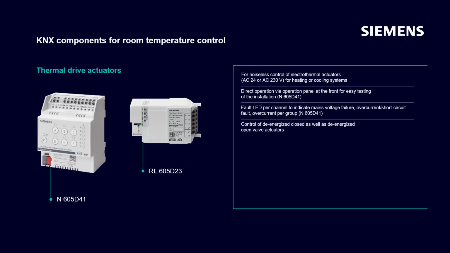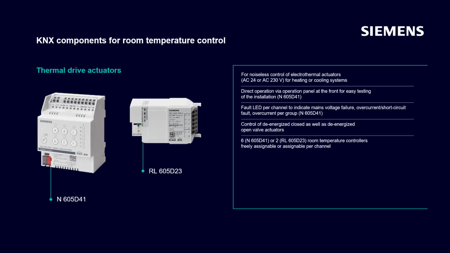Why do the thermal drive actuators form the core of the following application description? In addition to their core function of controlling the thermal actuators, the thermal actuators have room temperature controllers that match the number of channels. Their control value outputs can be linked directly, internally, to the channels for valve control.